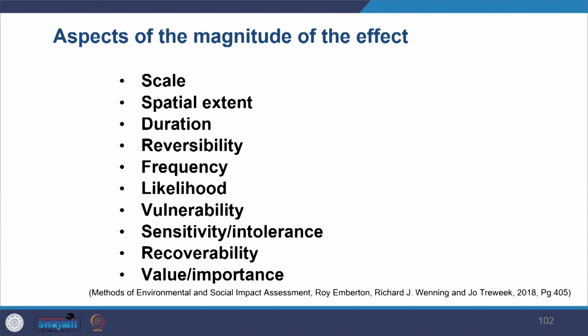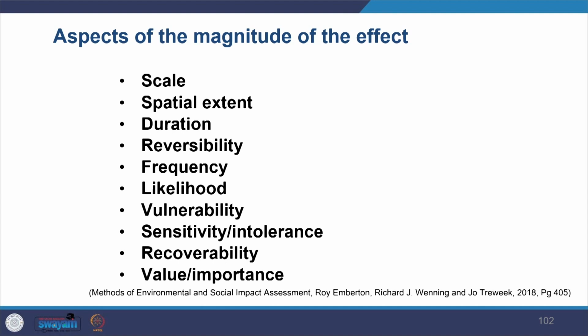What's the frequency of the change, and what's the likelihood that whatever change you're thinking of might happen. And then looking at the receptors: how vulnerable is the receptor, how sensitive or intolerant the receptors are. So let's quickly revisit what sensitivity really means and what recoverability means.